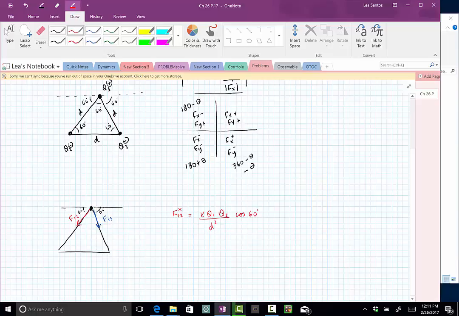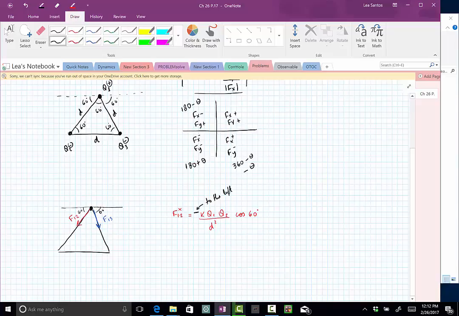Okay, it's good to keep track of the direction of this force. I know that this red is going to the left, so I'm going to say that this has a minus sign here. So I keep track that this is to the left.